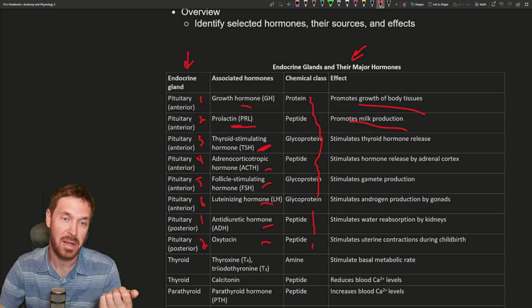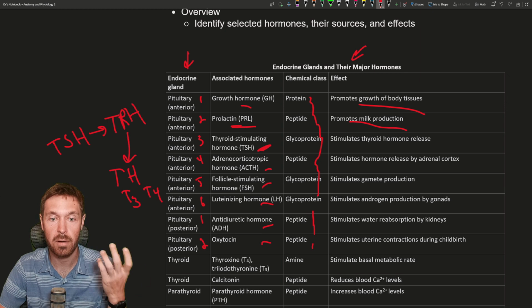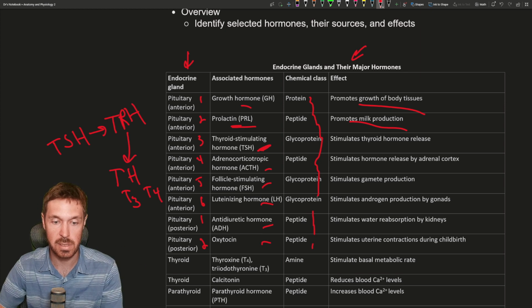Thyroid stimulating hormone. So there's thyroid stimulating hormone. Let's draw this out. Released from the hypothalamus that causes the release of thyroid releasing hormone from the pituitary gland. And then you get the release of the thyroid hormone that can be either T3 or T4 from the actual thyroid. So you see the thyroid down here has T4 and T3.